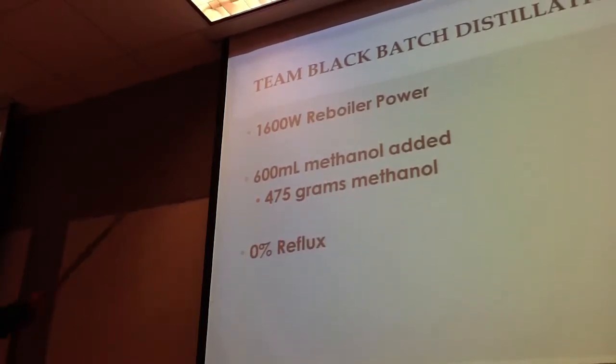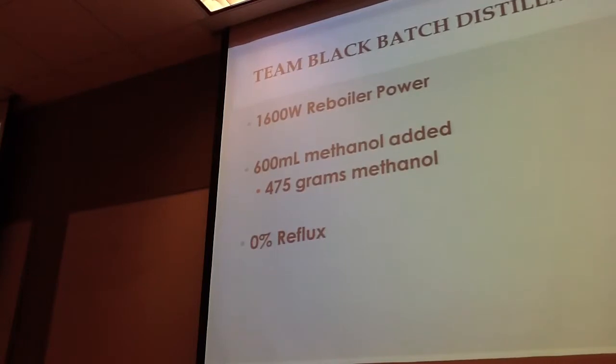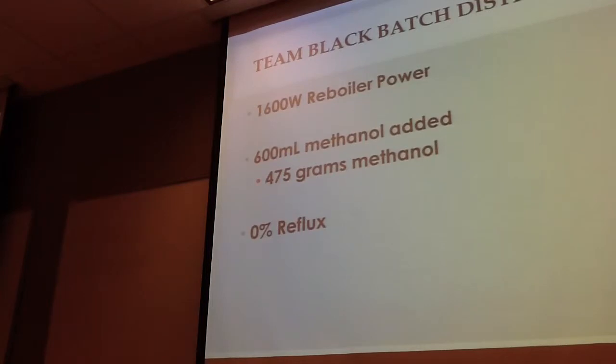And these numbers were based on some other experiments that we found that they do, I think every year, with another university where they run a large group of distillation. So we wanted to use similar numbers so that we'd have something to compare to.